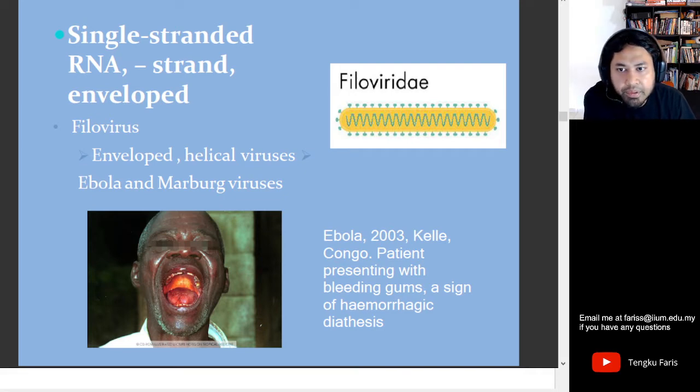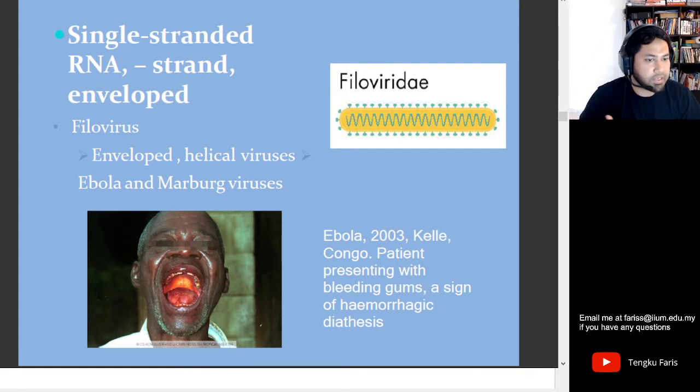For example, the single-stranded RNA that contains positive sense RNA, ssRNA positive strand, and during an infection they act like the mRNA that can be translated by the host ribosome.